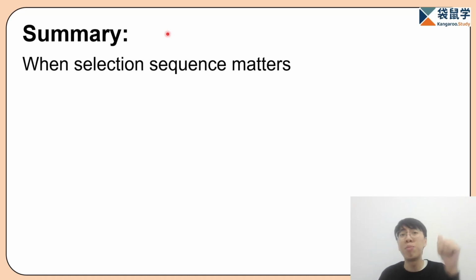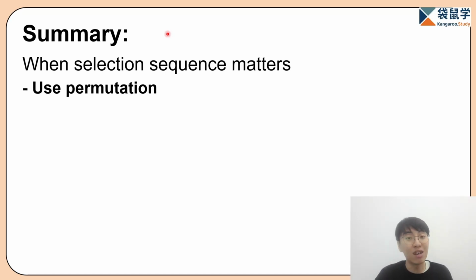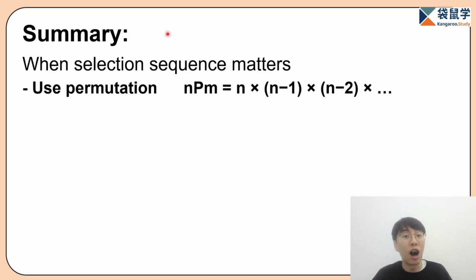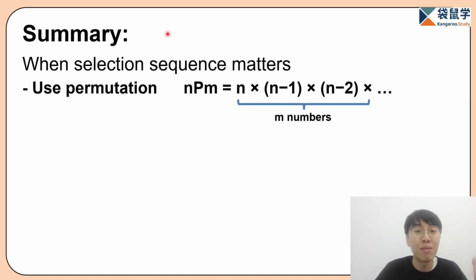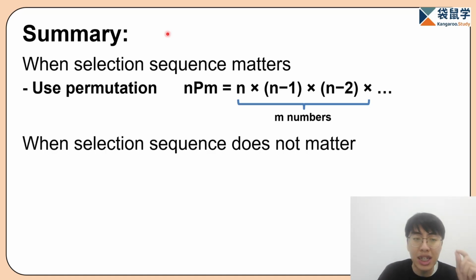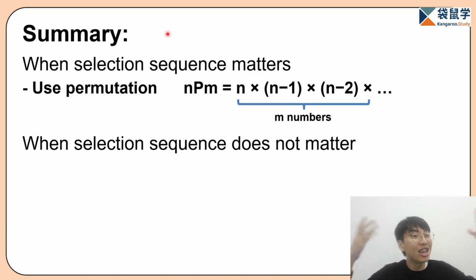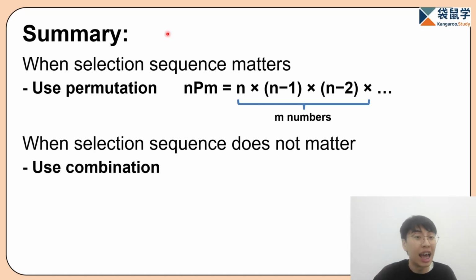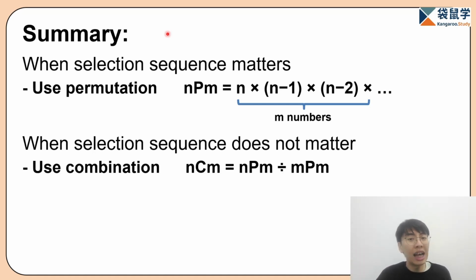We use permutation, and that gives us this formula, where NPM is just N times N minus 1 times N minus 2 all the way for a total of M numbers. But if the selection sequence does not matter, then what do we use? We use combination, and that gives us NCM, which is just NPM divided by MPM.